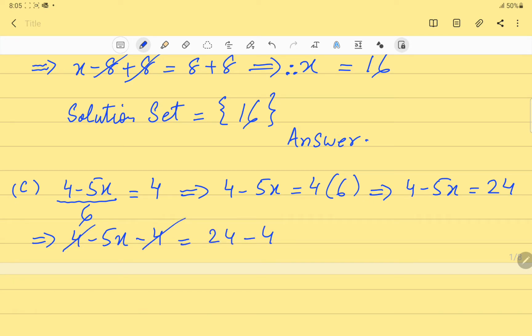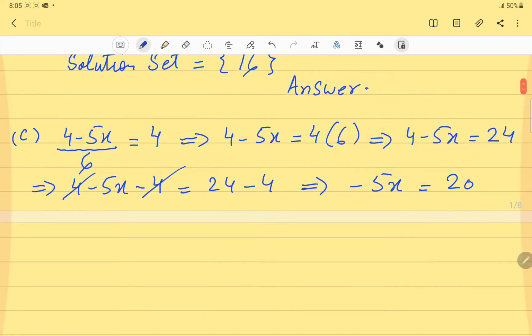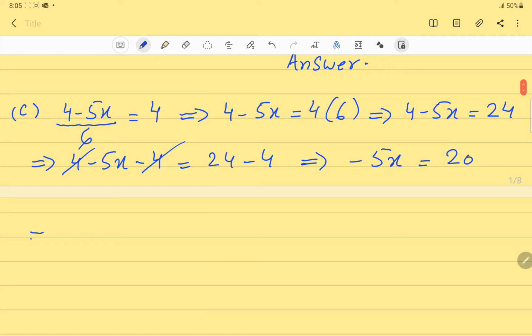This 4 cancels with this 4. So minus 5x is equal to 20. We divide both sides by minus 5.